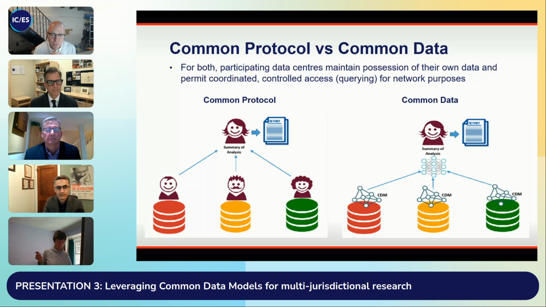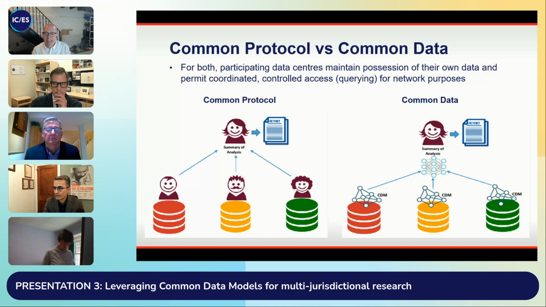The analysts run that analysis plan on their own data, customizing the code as needed to make that work, and then return summary results to the central site, who produces a report.